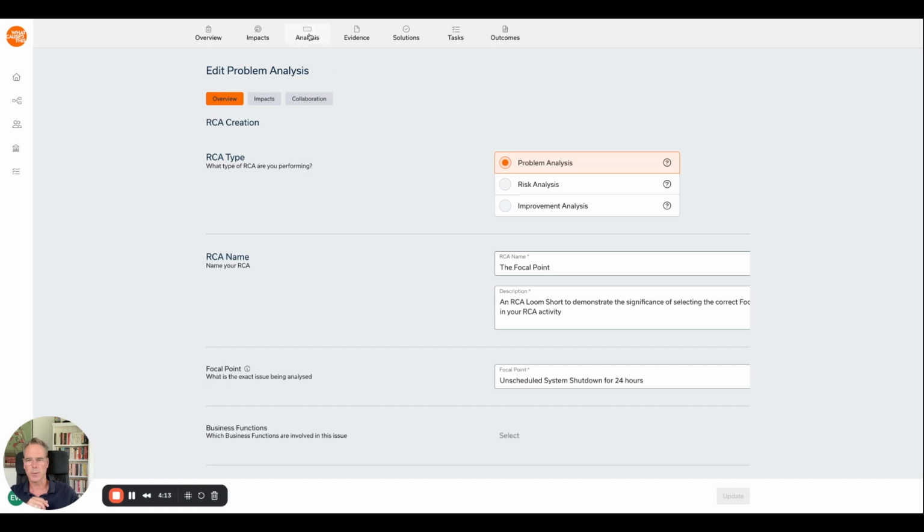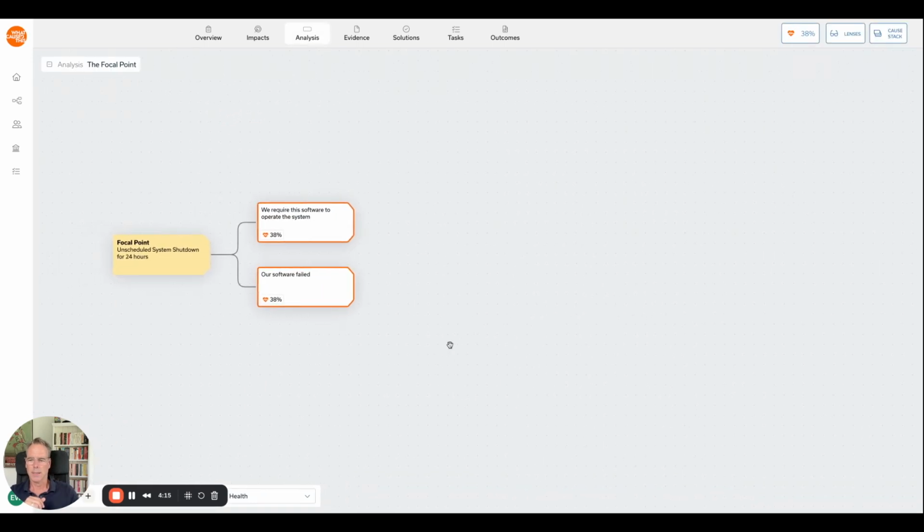And then we'll return to our analysis. So: unscheduled system shut down for 24 hours. It hasn't changed what we already had on the RCA. The first two causal chains are correct, but it reveals to us that now we've updated that focal point, there needs to be a third causal chain. And that's actually that we couldn't get the system up and running for 24 hours.